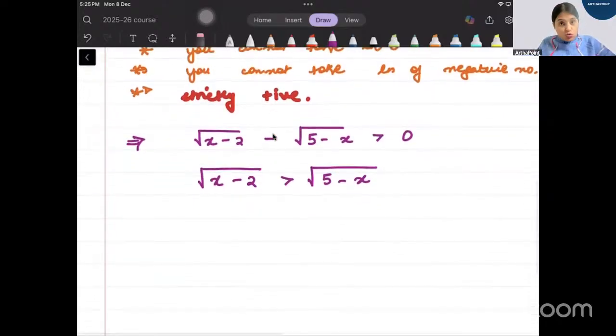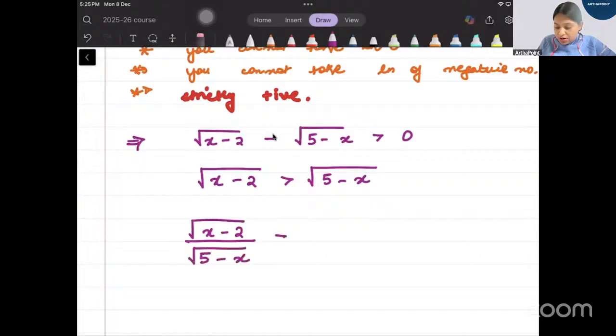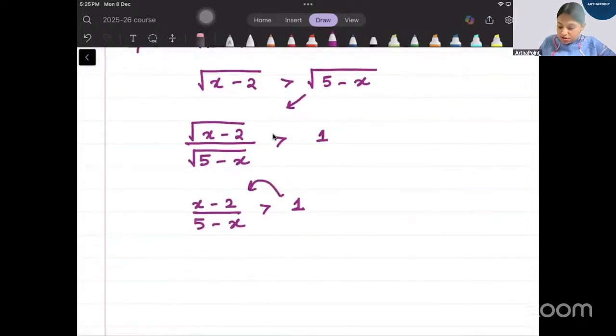You can also write this inequality like this: x minus 2 under root upon 5 minus x under root greater than 1. If I square both sides, x minus 2 upon 5 minus x greater than 1. And I can take this 1 to the other side. x minus 2 upon 5 minus x minus 1 greater than 0.